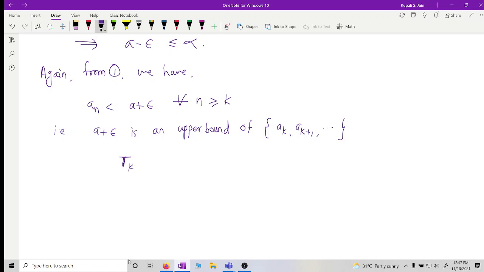Since it is the least, T_k must be less than or equal to A plus epsilon.